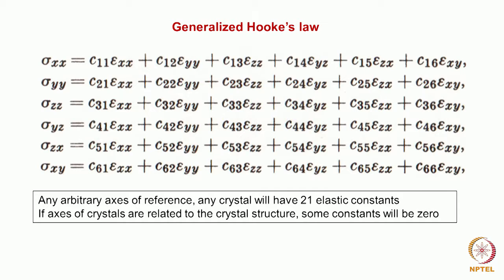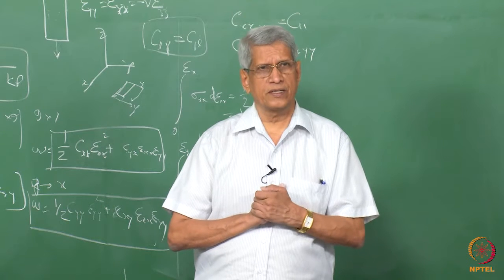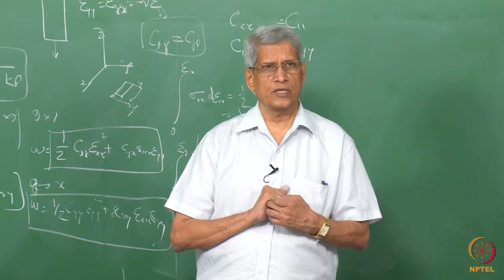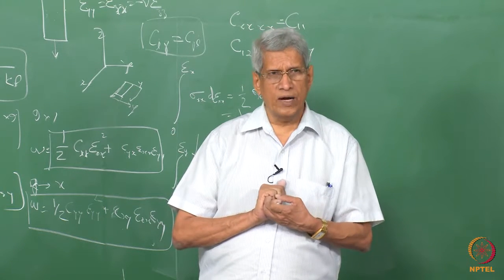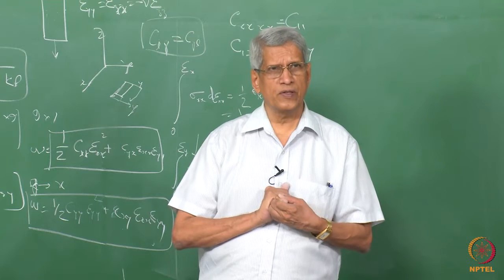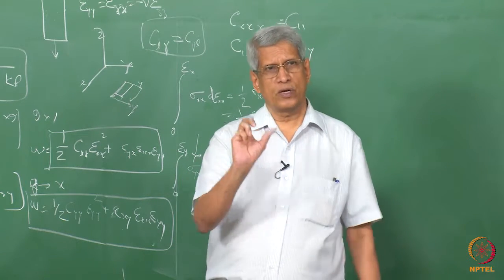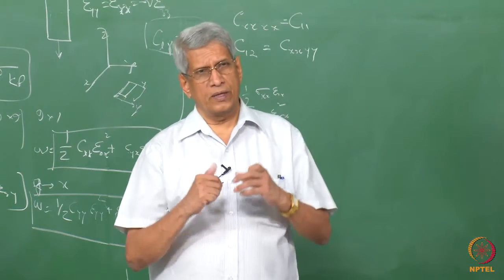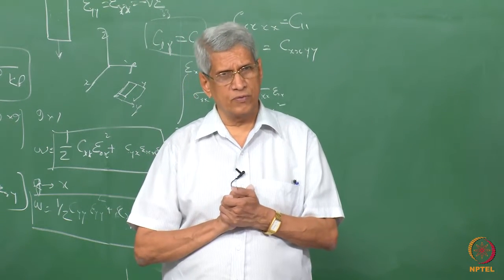Now, other crystal systems. If you consider a monoclinic crystal system, around one axis we have a twofold rotation. What does the twofold rotation essentially mean? If we rotate the crystal around that axis, the stress and strain values will be the same.